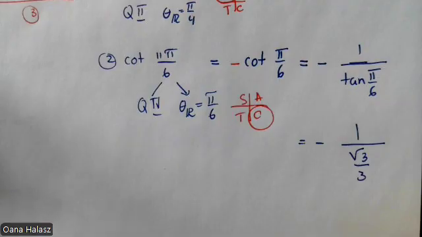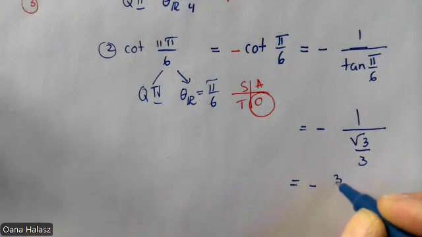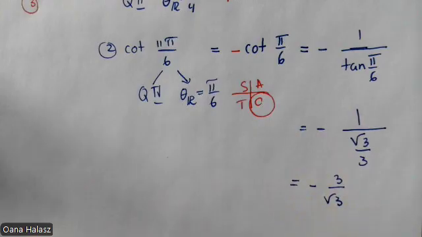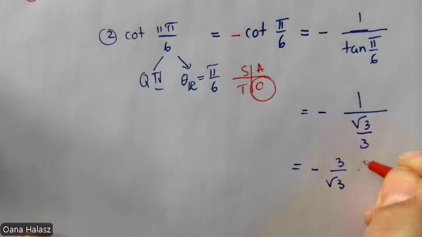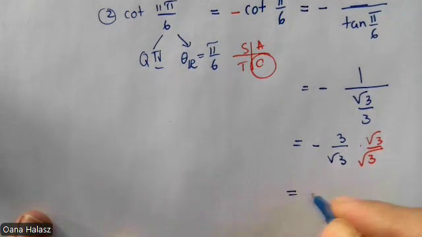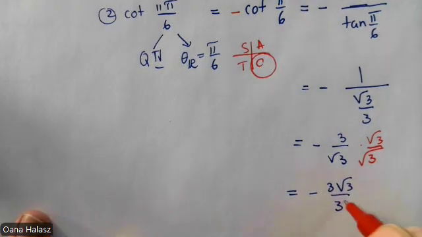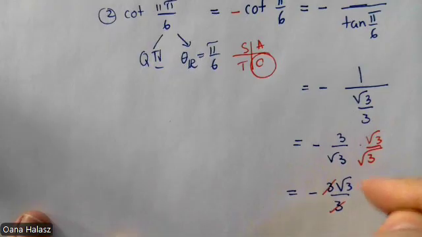Whichever you have is fine. Then we have negative 3 over root 3, and we rationalize it back, and it cancels out to negative root 3.